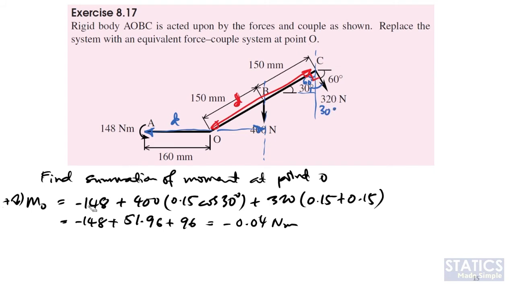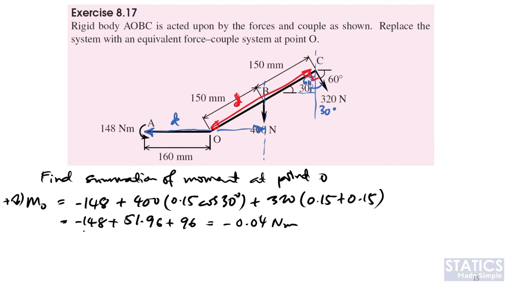We have 148 minus, okay, fine, 400 times 0.15 cos 30 degrees, okay, also fine, 120 times 0.3. Okay, anyway. So our equivalent force couple system at point O.